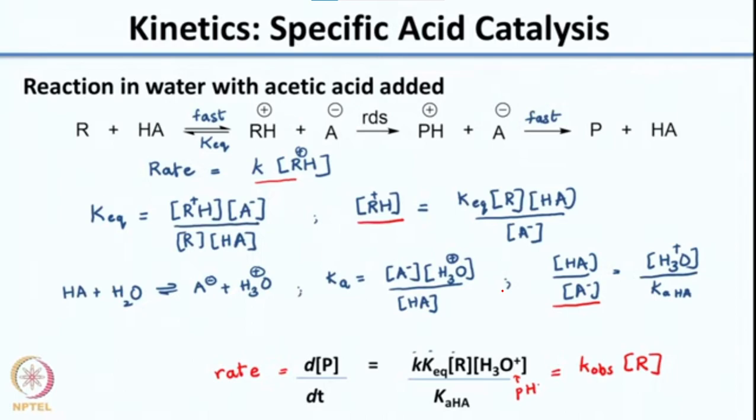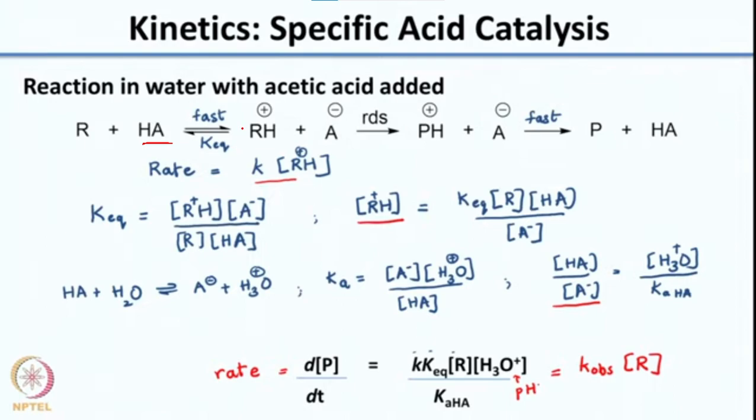Now talking about the reaction in water with acetic acid added. Here you can see we have the acid reactant R, and this is the specific acid, water, we can say.